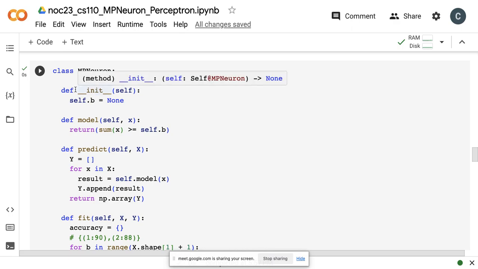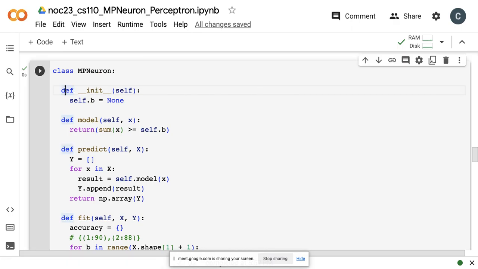Basically functions. For a class, we will always have an initialization function where we initialize our parameters. In MP neuron we have only one parameter, b. In perceptron we have w and b, where w is the weights. Then we have something called model, that is def model. Model is basically a mathematical function.